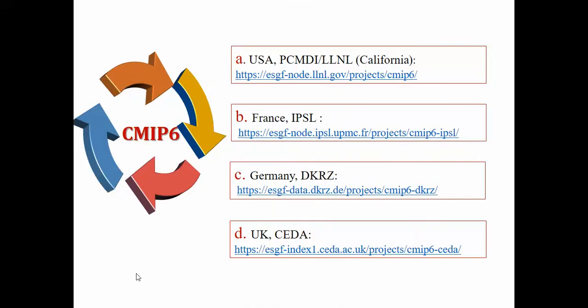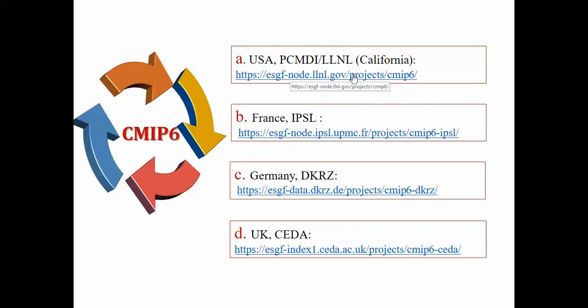So if you want to start to download CMIP6 models and the related variables and data, you need to create a user account. In this regard, you have 4 major gates. The first one is related to the USA, PCMDI.